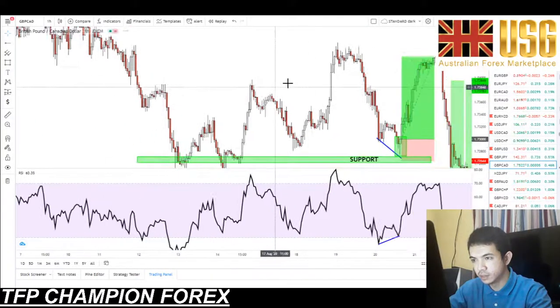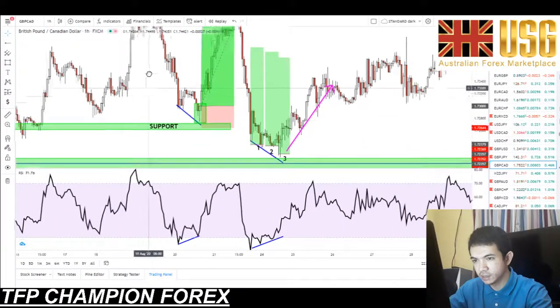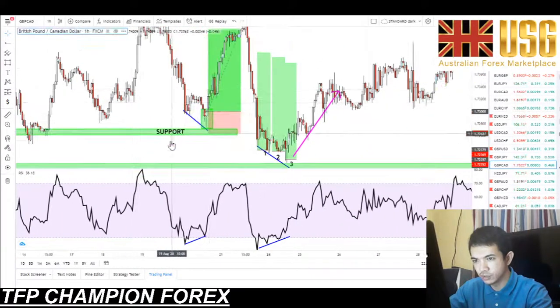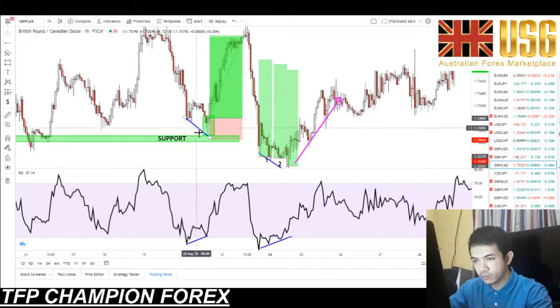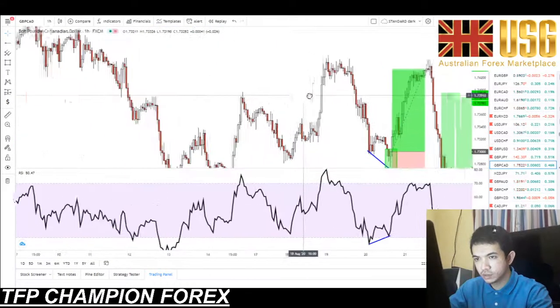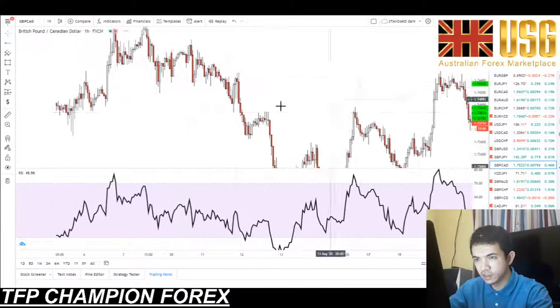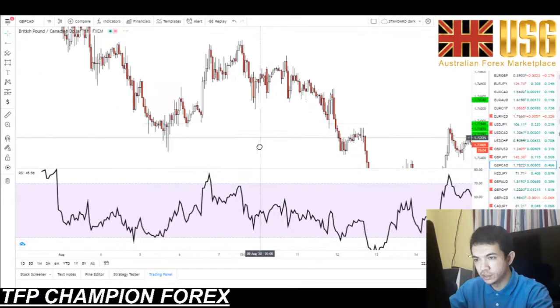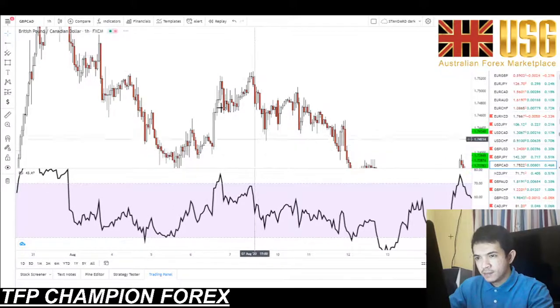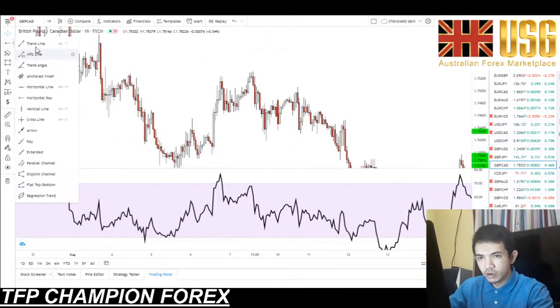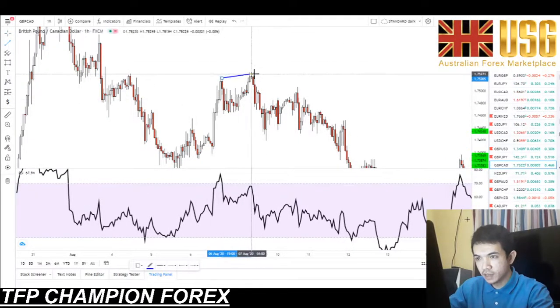That is one example. This one is a bullish divergence, forming a lower low and then a higher low. So what else? Let's check if there is a bearish one. Oh, you see this? The market formed what? A higher high.